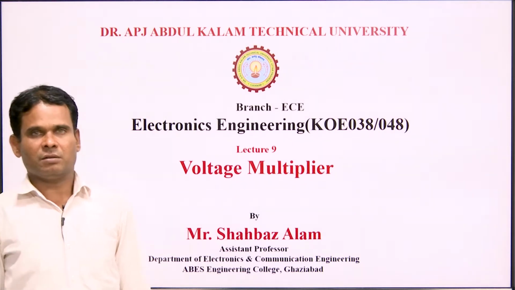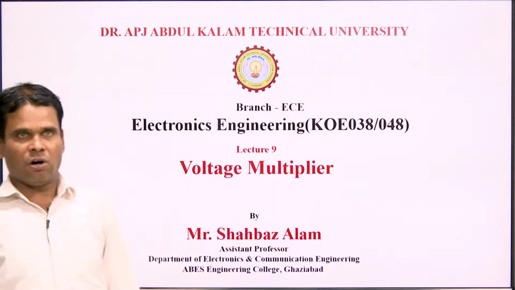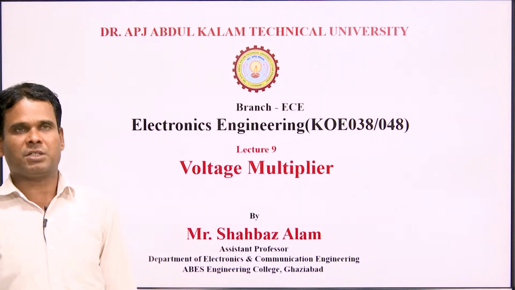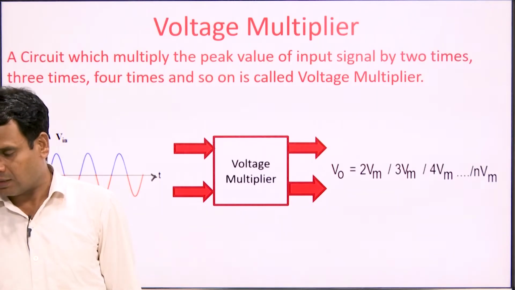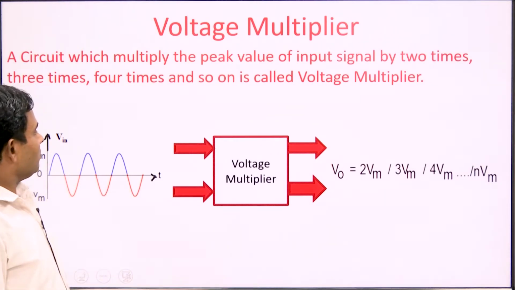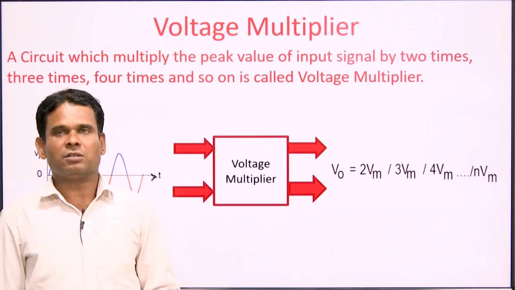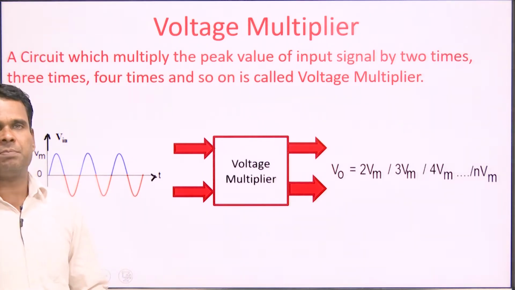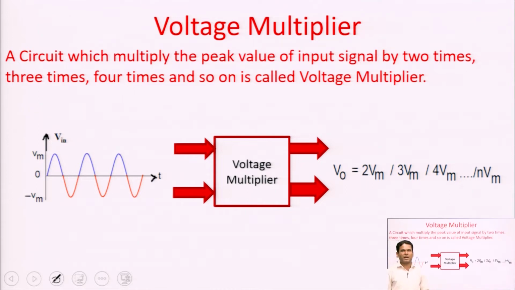This means the circuit multiplies the peak value of the input signal by 2 times, 3 times, 4 times and so on, n times. The question arises: what components should be connected along with the diode so that it can multiply the peak value of the input signal by n times?